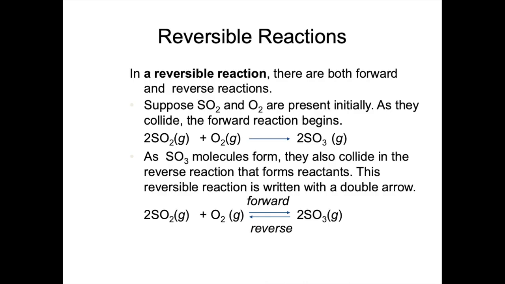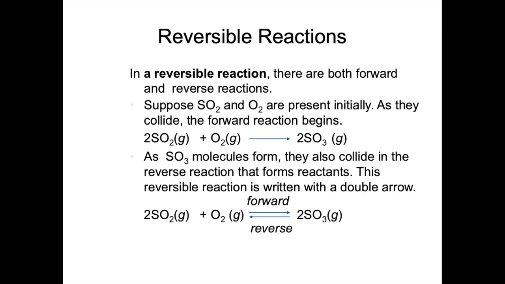Now, sulfur trioxide can undergo a decomposition reaction where it will decompose into sulfur dioxide and oxygen. And it turns out that both these reactions happen at the same time. So you can set up a system where you have sulfur dioxide and oxygen forming sulfur trioxide, and at the same time you have sulfur trioxide decomposing back into sulfur dioxide and oxygen.